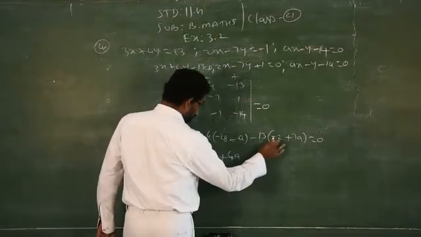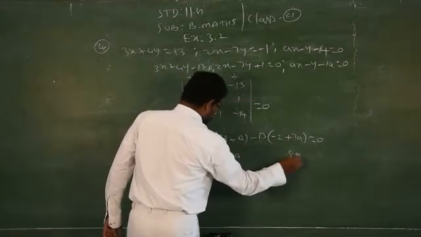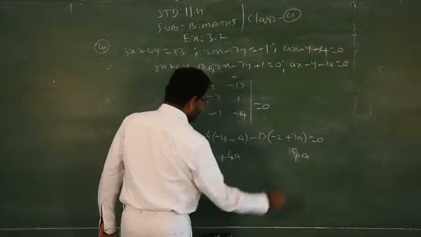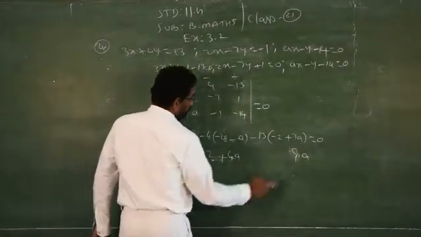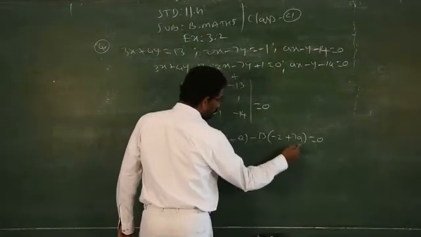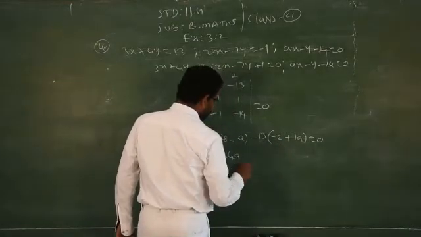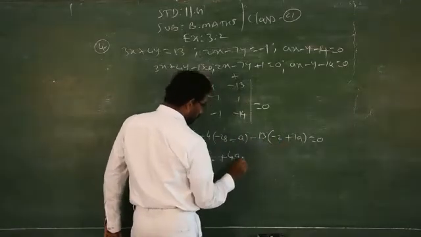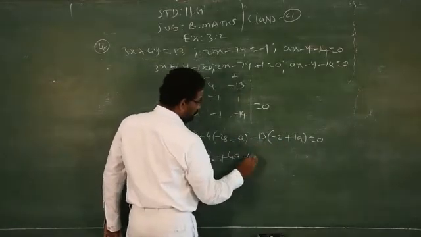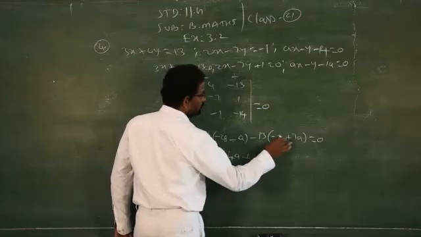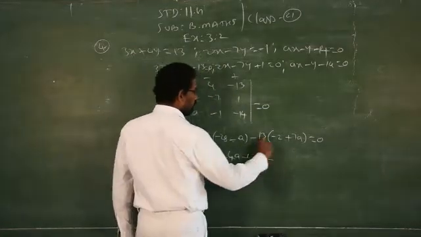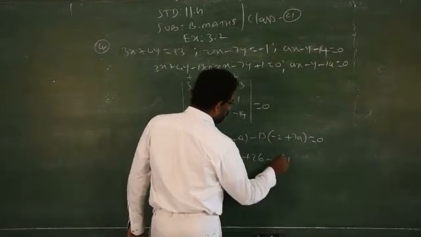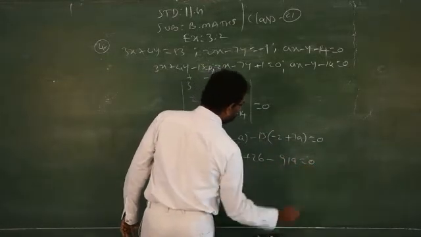Again, don't make the mistake like 9a. Minus 2 plus 7a, so don't write 9a. It is unlike terms, don't subtract. Just multiply by taking minus 13 inside the bracket. Minus into minus plus 26, plus into minus, minus 13 sevens are 91a is equal to 0.